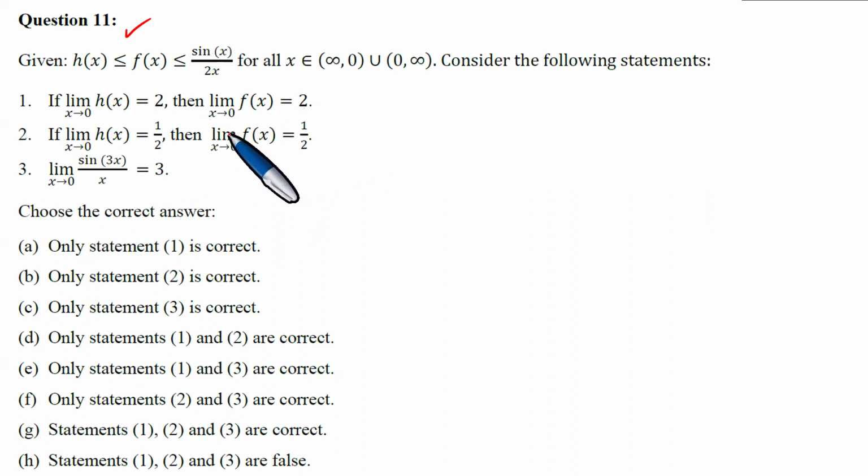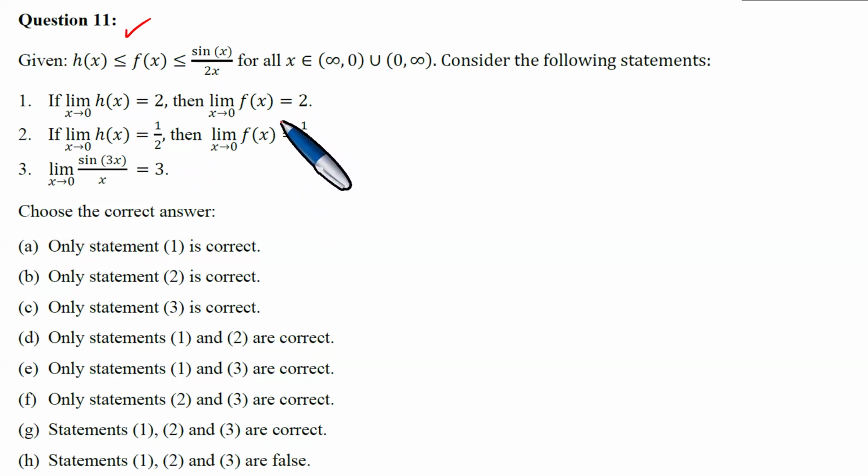Okay, right. So now we are saying, given that this is the case for all x, consider the following statements. So this says the limit of h(x) is 2. Okay, if the limit of h(x) is 2, then the limit of f(x) is 2.